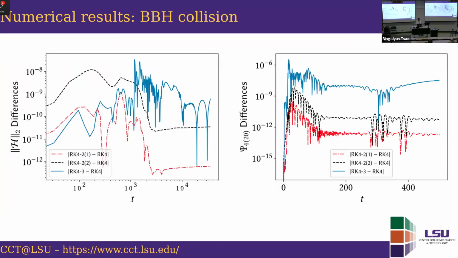We also seem to have good agreement with both the evolution of the Hamiltonian constraint and the extracted gravitational wave that we got from these evolutions, right? So particularly RK4(2) parentheses 1, that's one of the methods. This one seems to perform the best both in terms of agreement and of speed. So for this problem, I think we can say that we have a clear win with these methods.